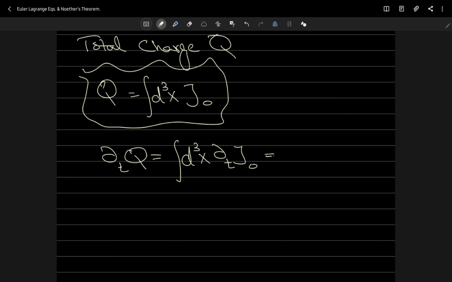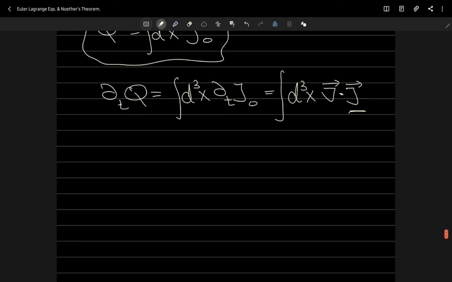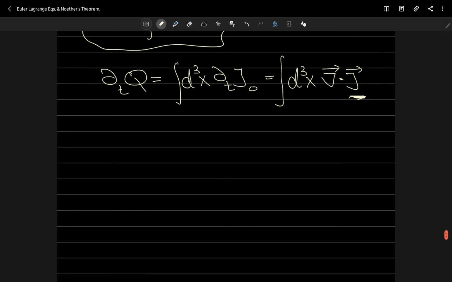Now this thing is the same as, in terms of 4 vectors, the integral d3x of del dot j. Now because j has to vanish at spatial boundaries, we can say that this thing, the integral d3x of del dot j, is equal to 0.